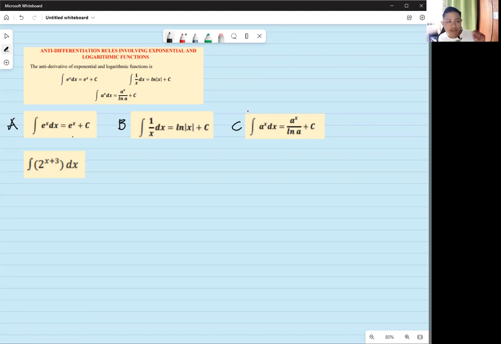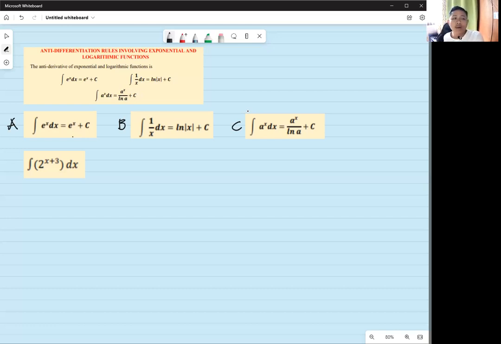Open your chat box and type which of the 3 anti-differentiation rules for exponential and logarithmic can be used in this problem. Remember, the given is either exponential, where the variable is in the exponent, or it becomes logarithmic if it is dealing with natural logarithm or logarithm.